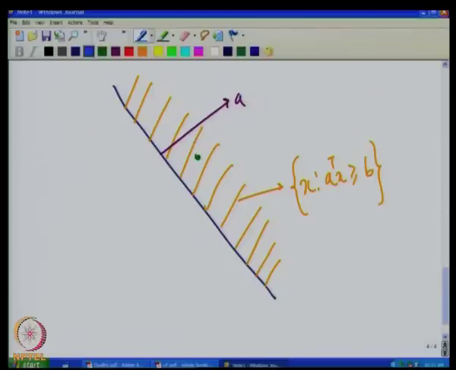For example, we can take a line segment, say let us call it PQ.